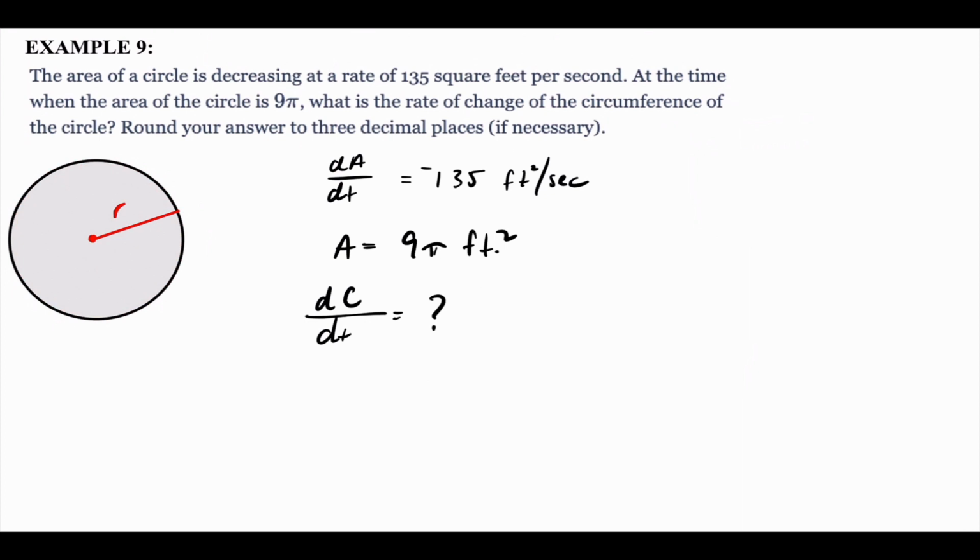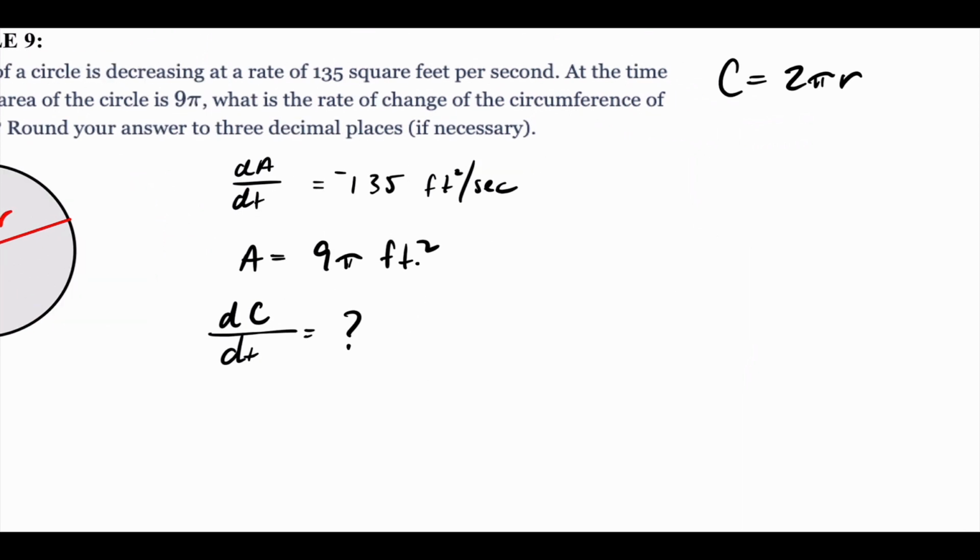The circumference of a circle is 2 pi r. That's the formula for that. So that's the one we're going to use because we need circumference. I know area, but I need to figure out circumference. So that's the one I'm going to use. Okay?